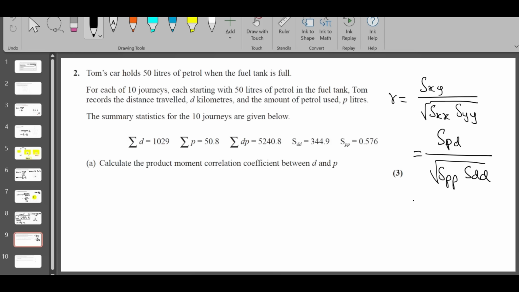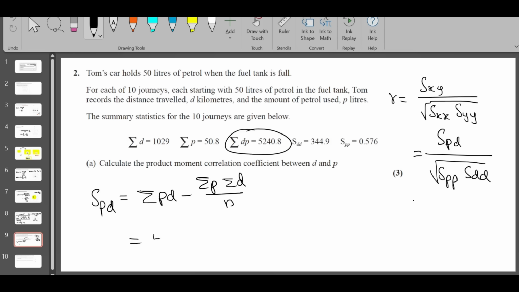Let's find SPD. SPD is, the formula is, take it as Sxy. The formula is sigma XY minus sigma X times sigma Y over N. Sigma XY is given, 5240.8 minus sigma P times sigma D over N. Just get this value and sub in everything here.